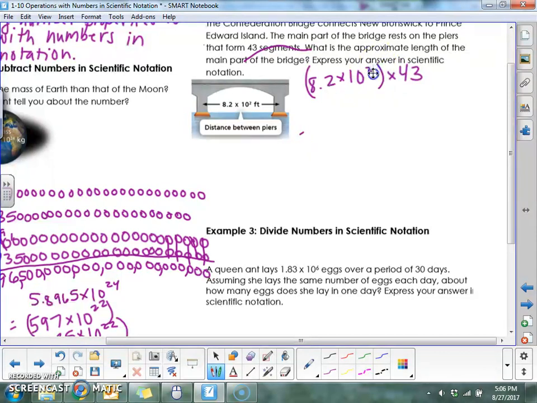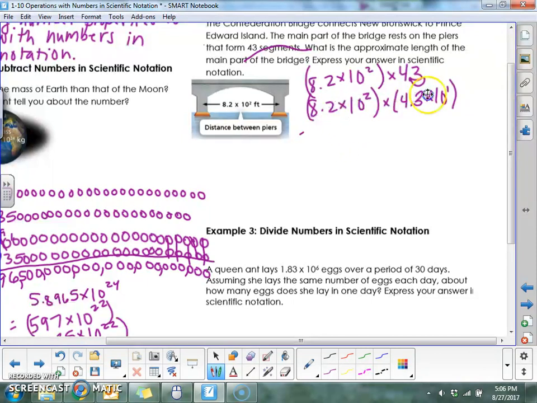It doesn't matter if they have the same power, but they both need to be in scientific notation. So I'm going to rewrite 43 in scientific notation by putting a decimal point here. So times 4.3 times 10 to the first power, because we only would need to move it one time to the right to get back to 43.